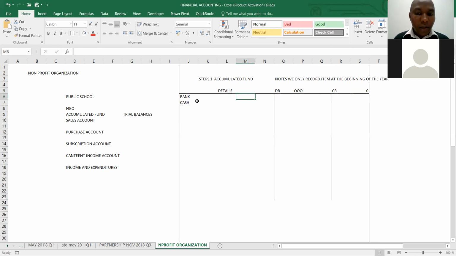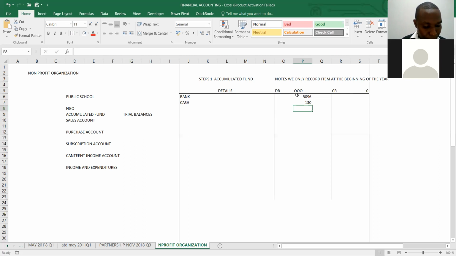It is 5096. And then cash is being recorded on the debit side. The other one is for cash, 130. Those are the only items we need from the cash book. Then we proceed to the other items.